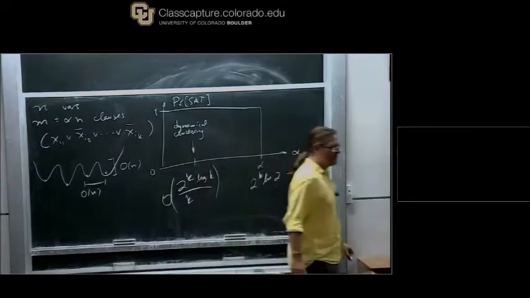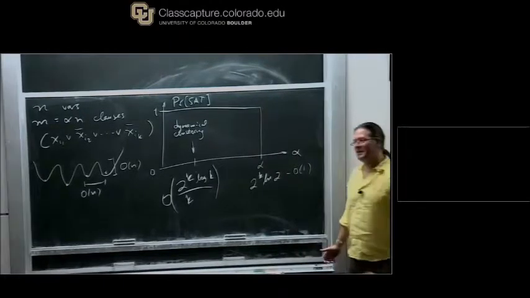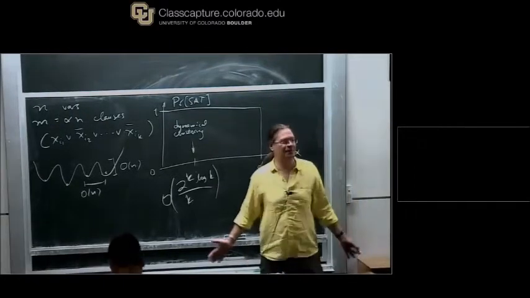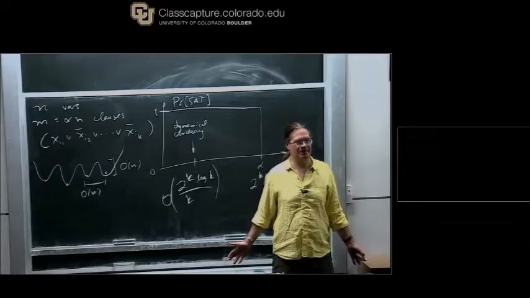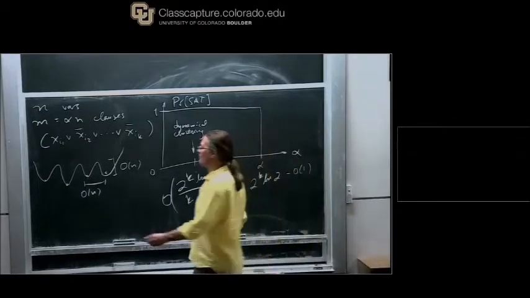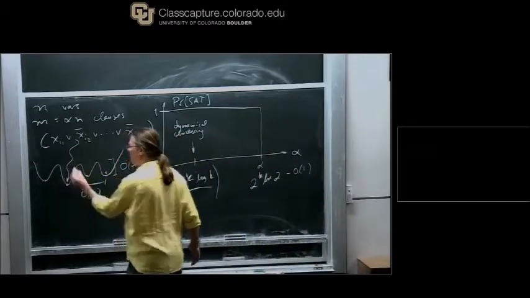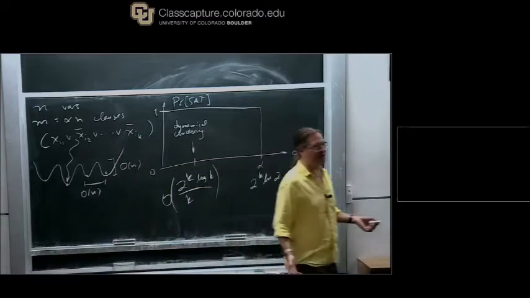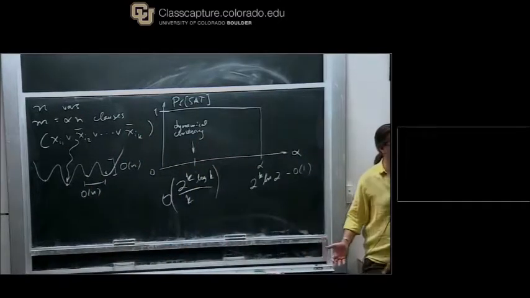Now, notice that this does not necessarily mean that it is hard to find a solution. Because you can imagine a search algorithm which just comes and finds one of these clusters, finds a solution, and then you declare victory.